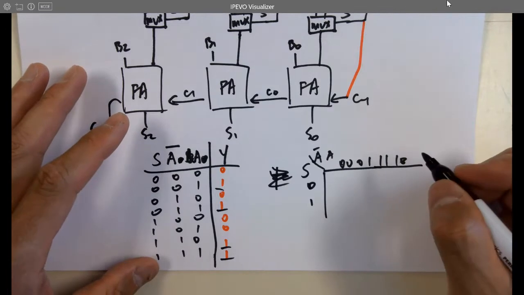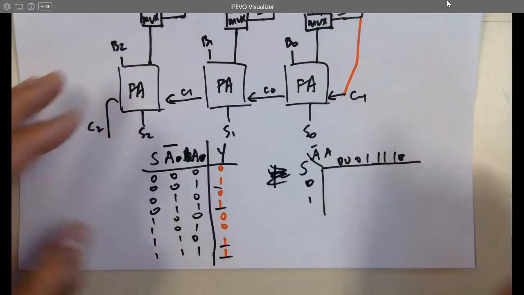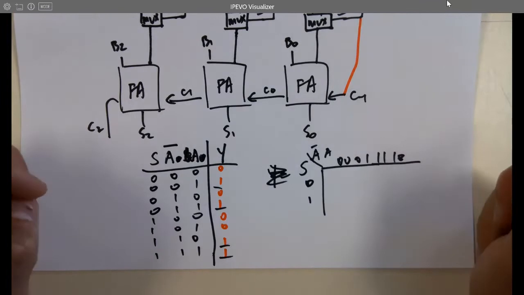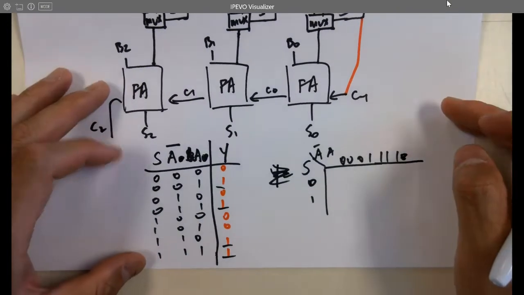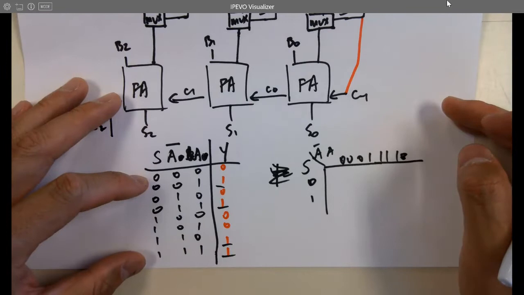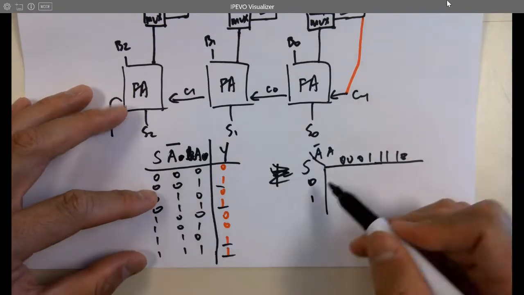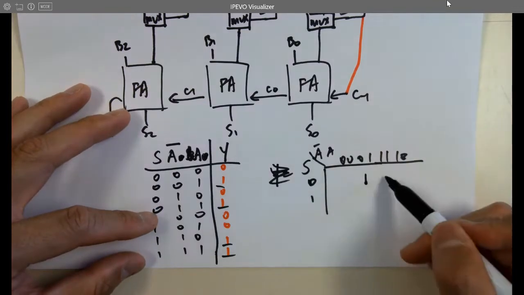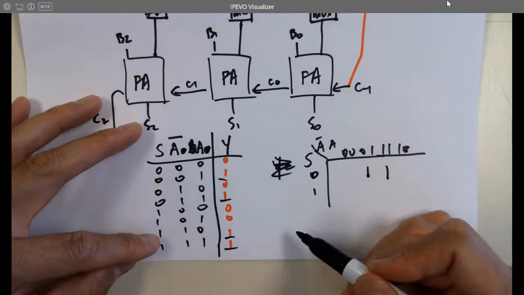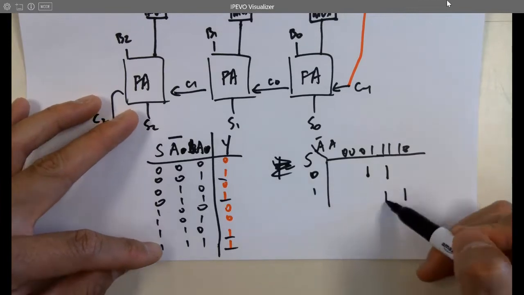I don't think it's Cal. 0, 0, 1, 0, 0, 1, 0, 1, 1, 0, 1, 1, 1, 1, 0, 1, 1, 0, 1, 1, 1.